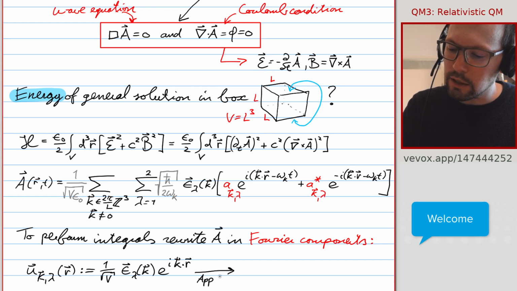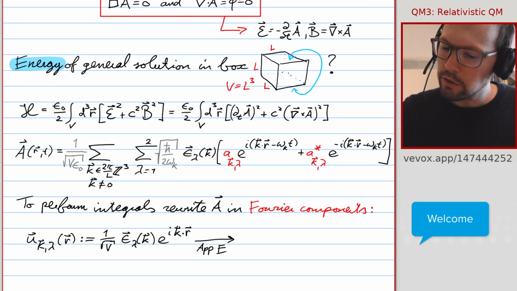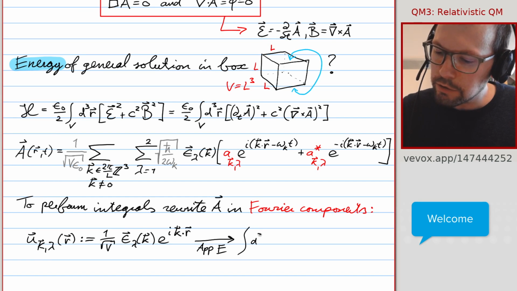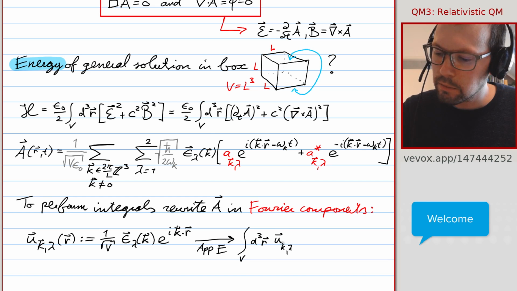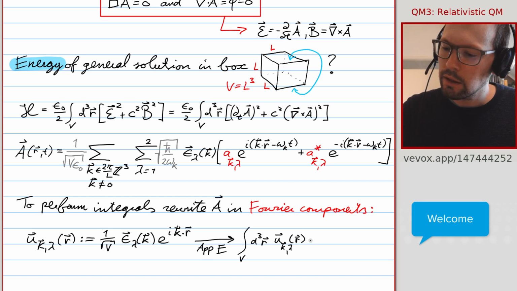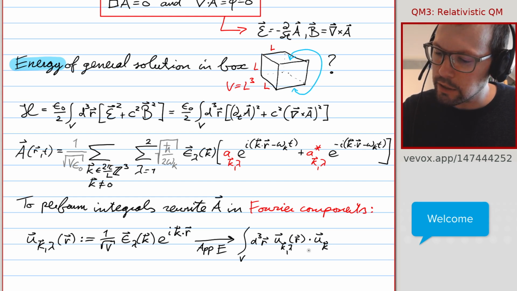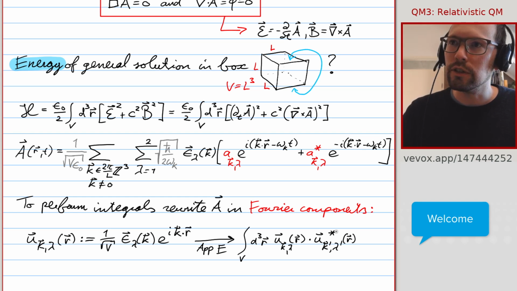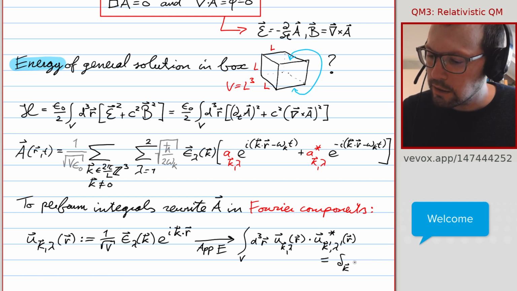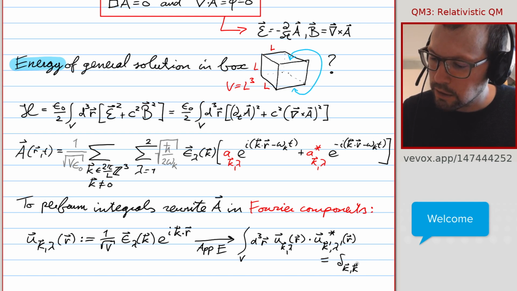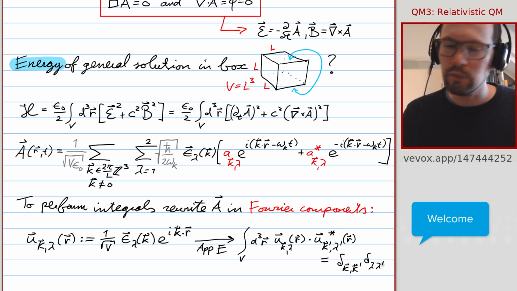As I said, in Appendix E, it is demonstrated that if you take two of these integrated over this volume V, and take one with wave number k and polarization λ, and the other one with wave vector k' and polarization λ', and take the complex conjugate, then these are really orthonormal, meaning that it vanishes unless these wave numbers and the polarizations agree.